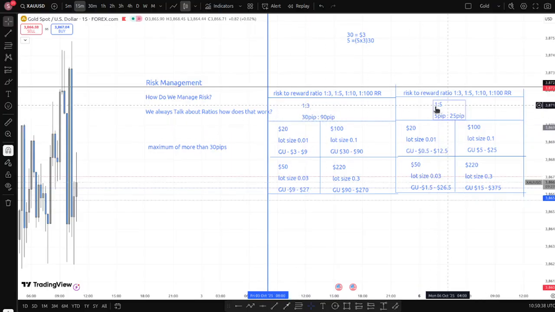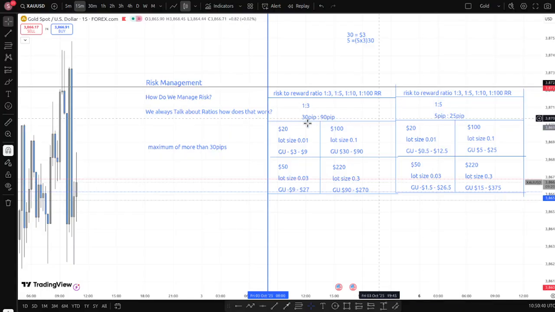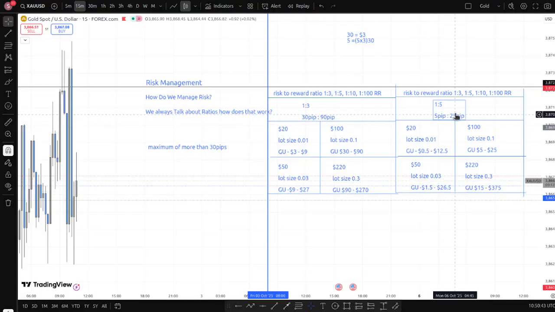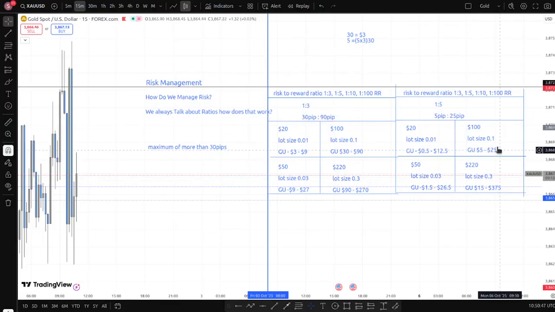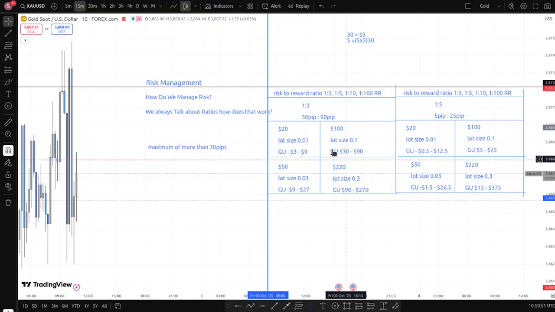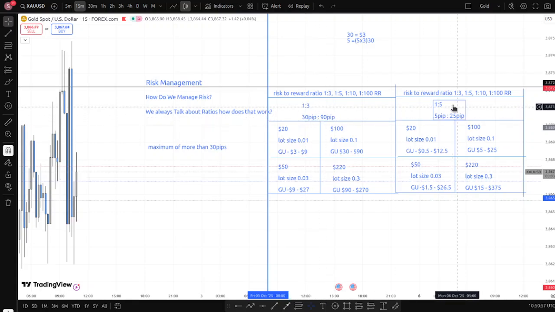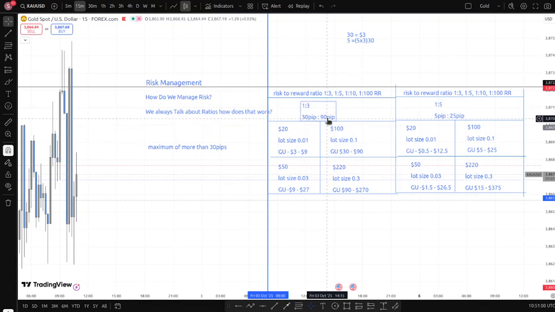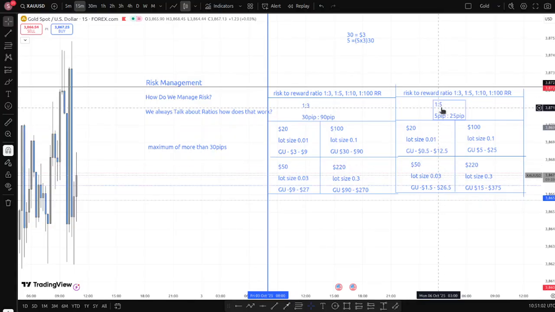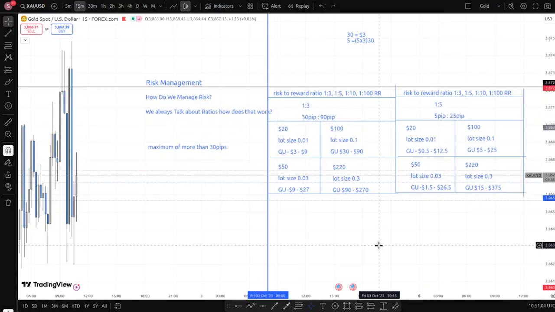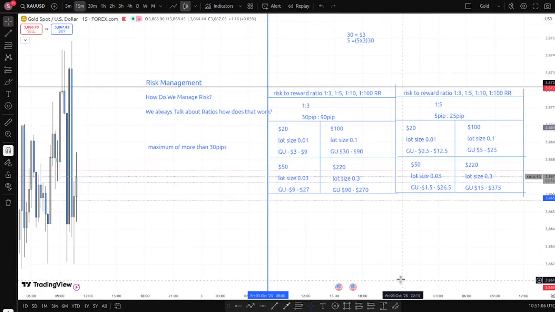You said my risk is going to be 5 pips kwa hii, and the target is going to be this 90 pips. Hii ina increase exponentially because you're targeting 90 pips, because this is just 1 to 3. Yeah, hii itakuwa 1 to whatever.